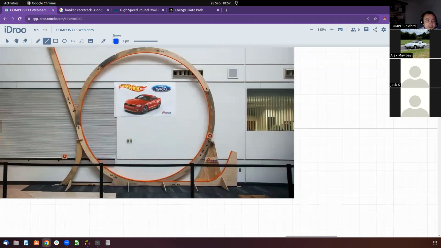So we need to find what happens when the car is at an arbitrary angle. Let's say this is the center, and let's say the car is here at an angle theta.